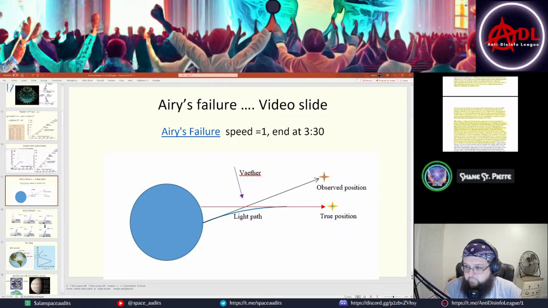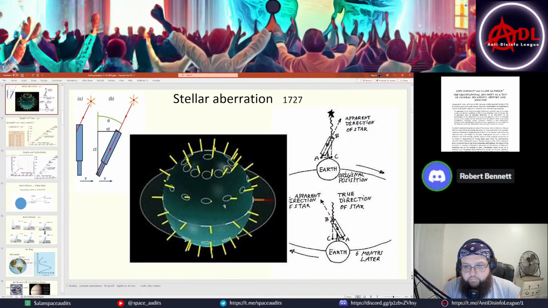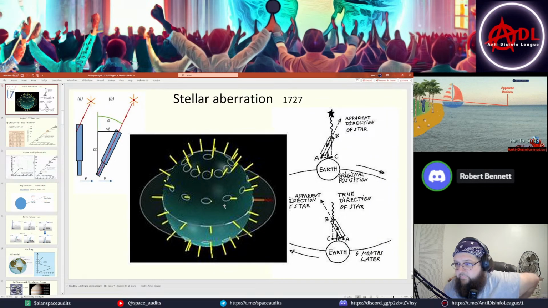So this is why the heliocentrists like Kosho say that the same bending of light is actually a sign of the Earth's orbital velocity. That's why they get that confused. Yeah, they're saying that what you saw on the right-hand side there, their explanation, is the only explanation for the aberration.